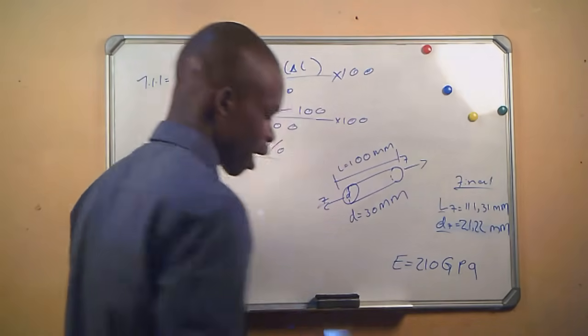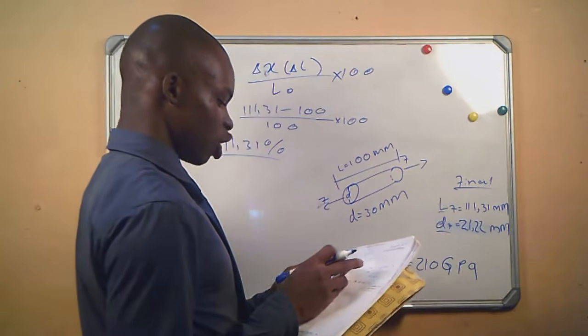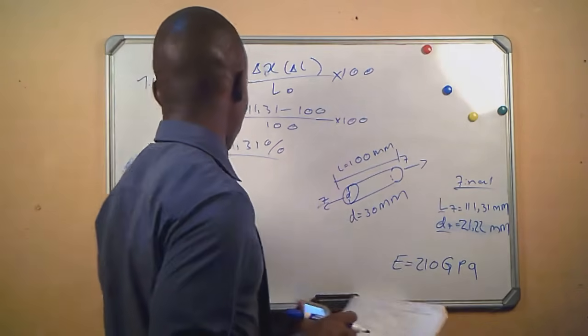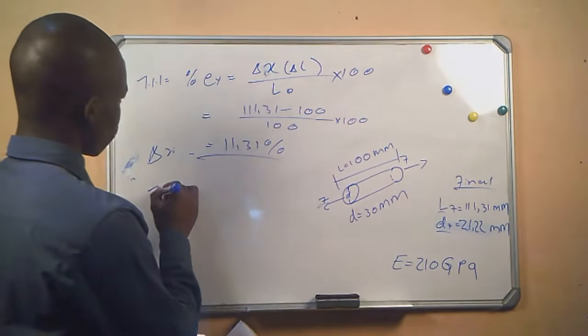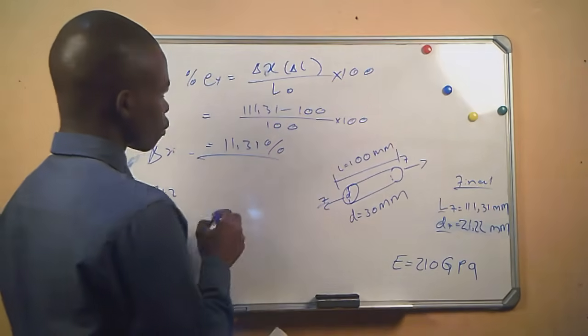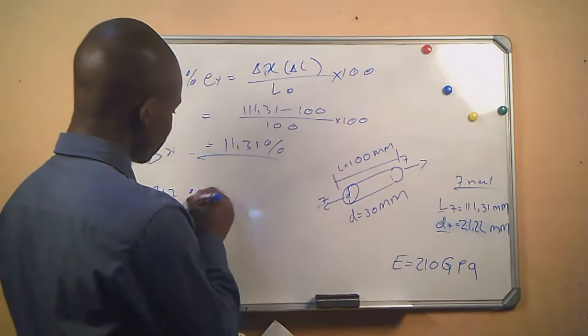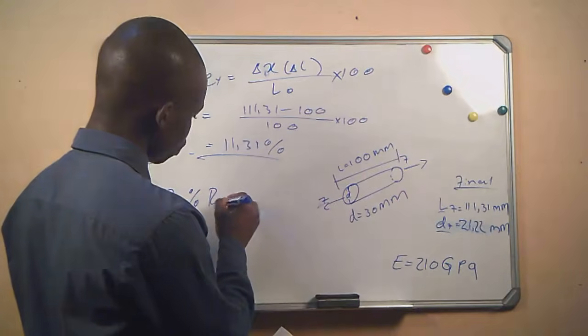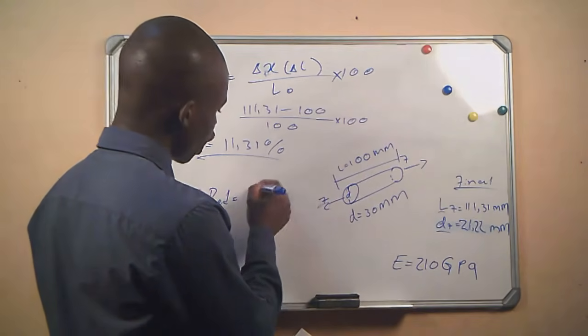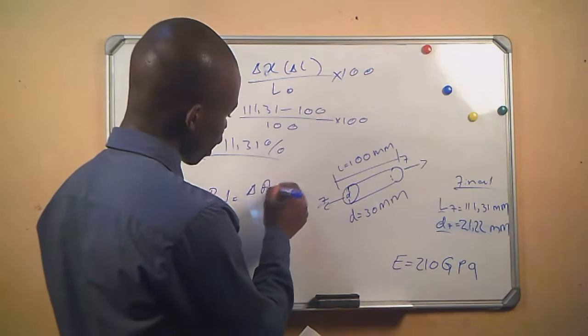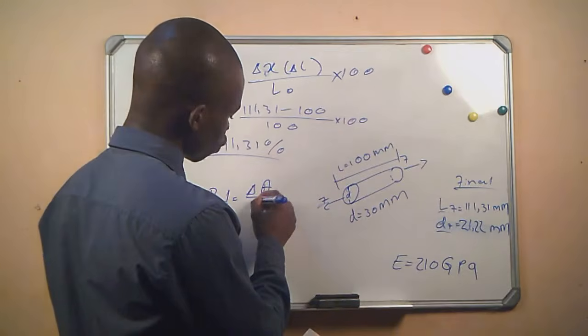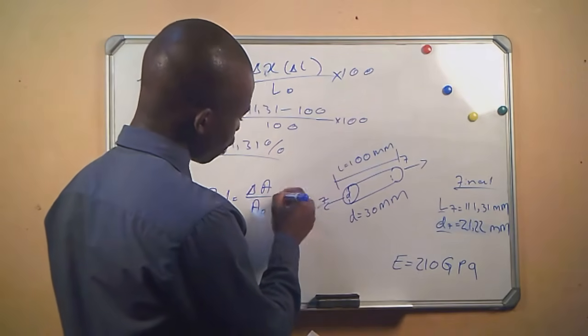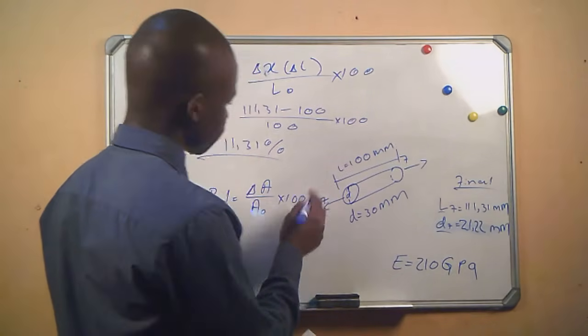They say calculate the percentage reduction in area of gauge length, which is 7.1.2. We also know that the percentage reduction is equal to the change in area divided by the original area times 100.